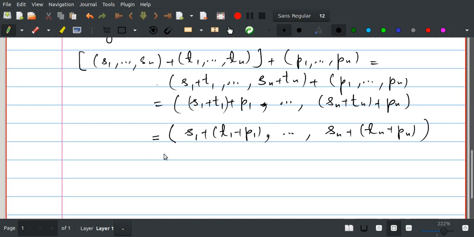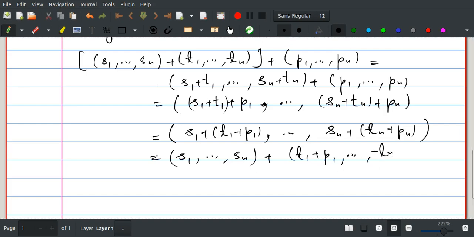So this is the same as S1 through Sn plus T1 plus P1 through Tn plus Pn.